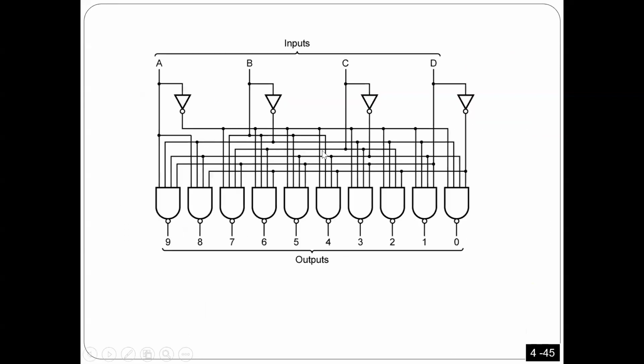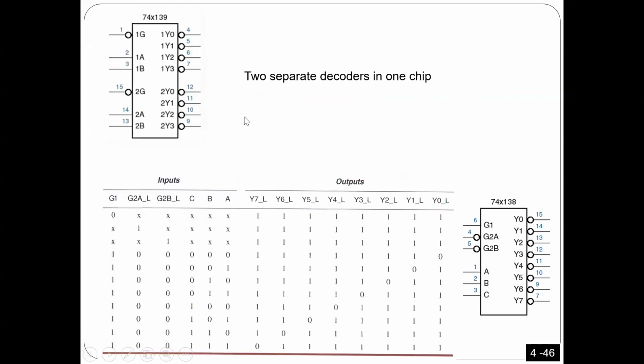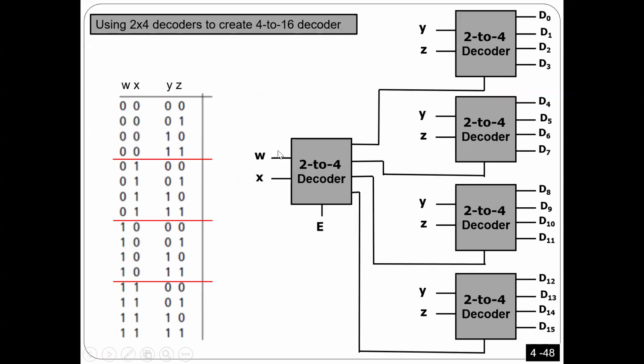I don't remember in 1 or 2 labs, you already used a decoder. These are chips, and I explained how they work and so on. In this example, I explain using 2 to 4 decoders. So we have here five 2 to 4 decoders. How can we create a 4 to 16 decoder?